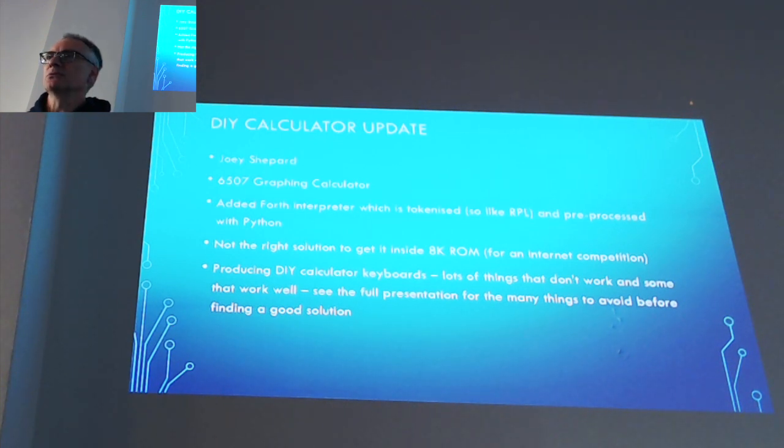So he realised that rather than writing machine code, writing assembler, what he'd need to do was put another language in it. So he put in Forth, which is close to RPL, as we know. He pre-processed the code on his PC, turned it into Forth, and put a Forth interpreter inside the calculator, inside the 8K.